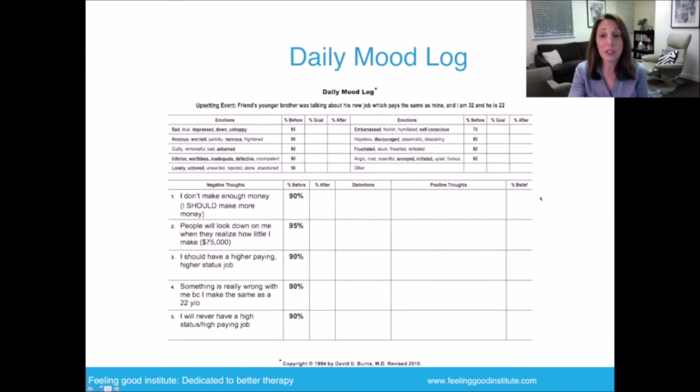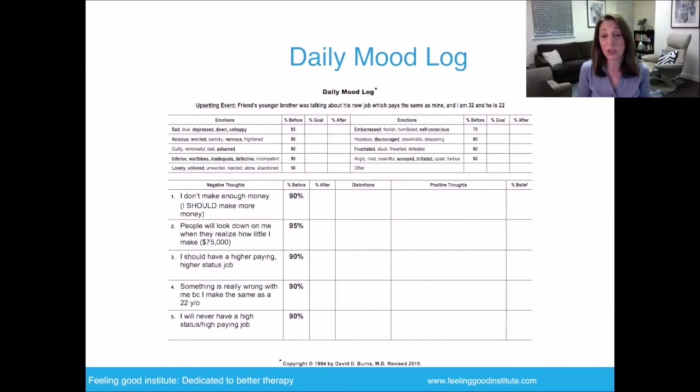So we're going to look at this daily mood log again, the same one, so I don't have to give you a new clinical scenario. Again, my patient has a friend whose younger brother is talking all about his new job, which pays exactly the same amount that he gets paid. The patient is 32 and the friend's brother is 22.